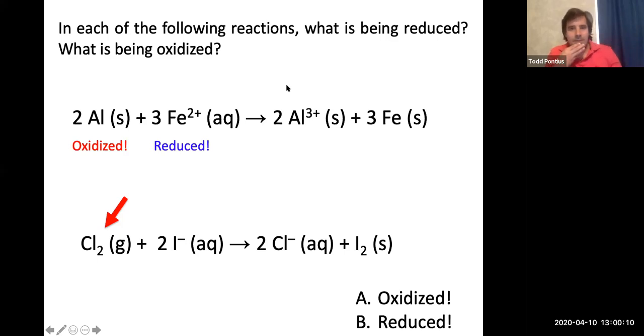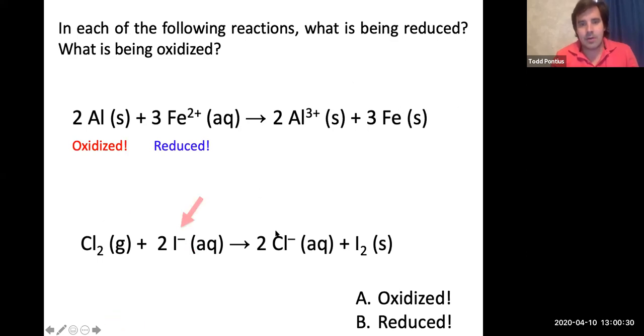Please get your answer in 3, 2, 1, and 0. Very, very good. Excellent. The answer is B. So it's going from 0 to -1, which means it is being reduced.